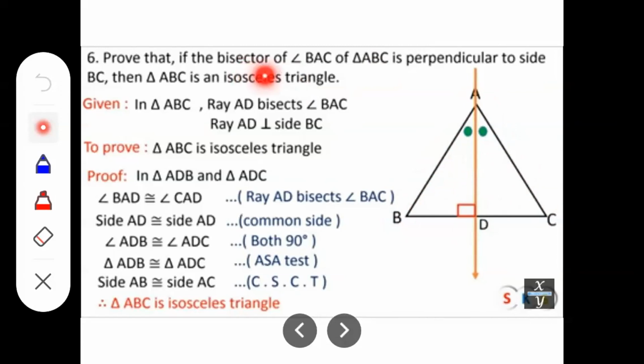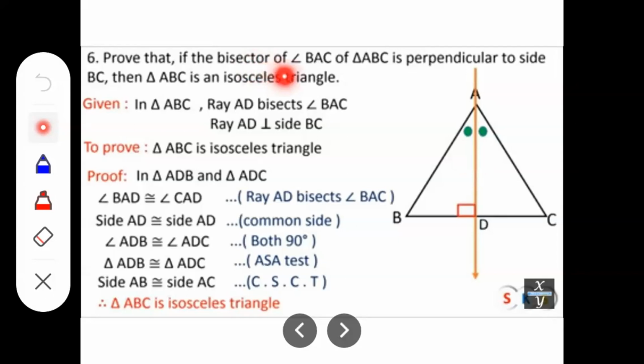The bisector of angle BAC, that means angle A. So draw the bisector of angle A. Now because of this bisector, angle A gets divided into two equal angles. So those are marked with same sign, same color.